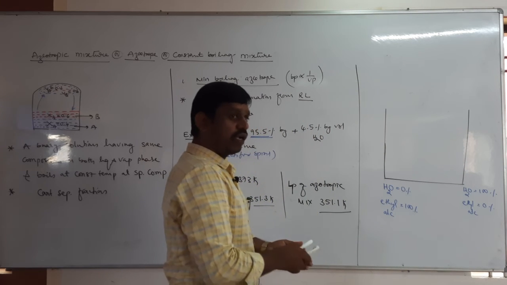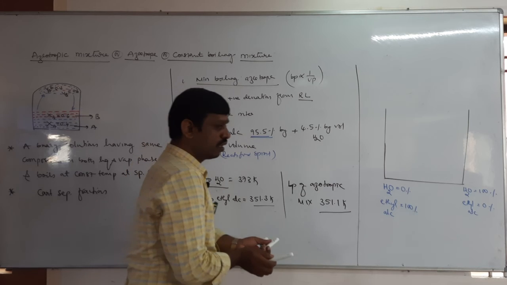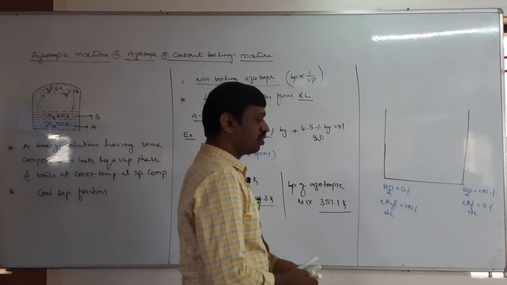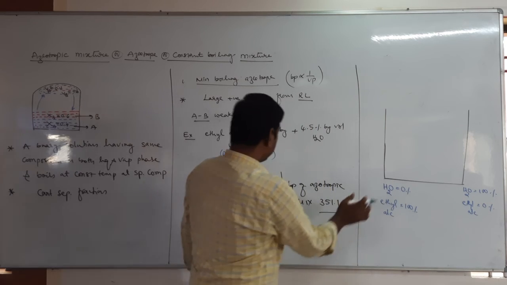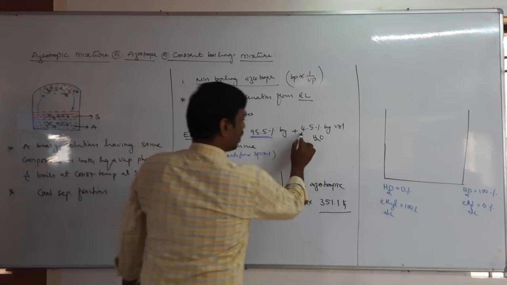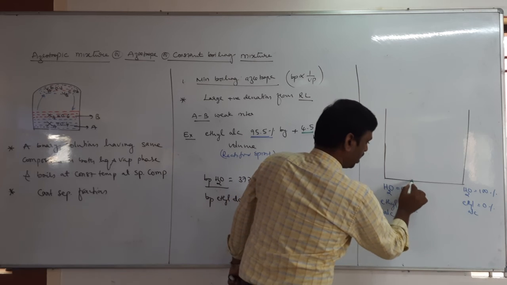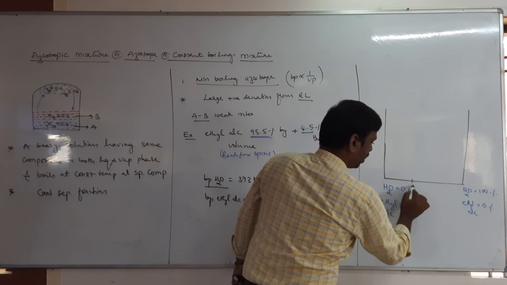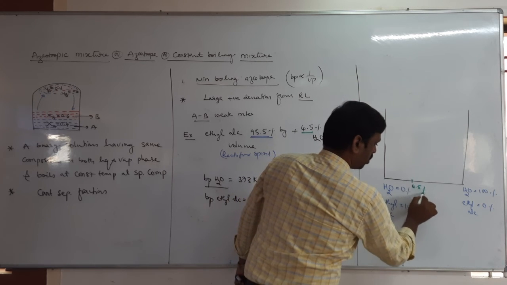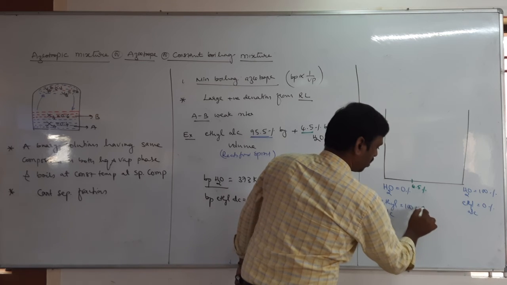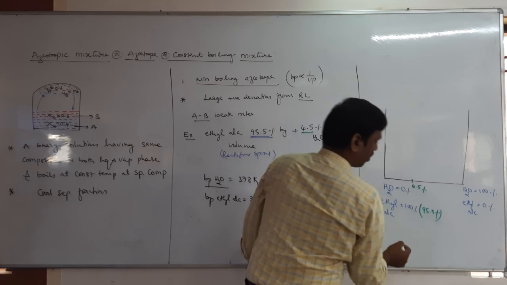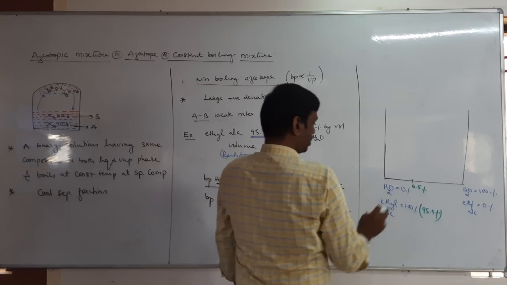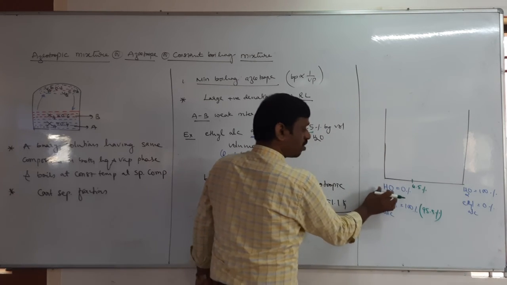Now tell me, at what composition does it act as an azeotropic mixture? Approximately I will take 4.5% water, and the percentage of ethyl alcohol is 95.5%.